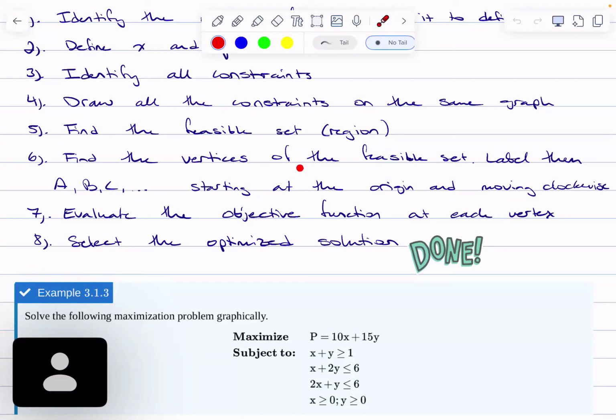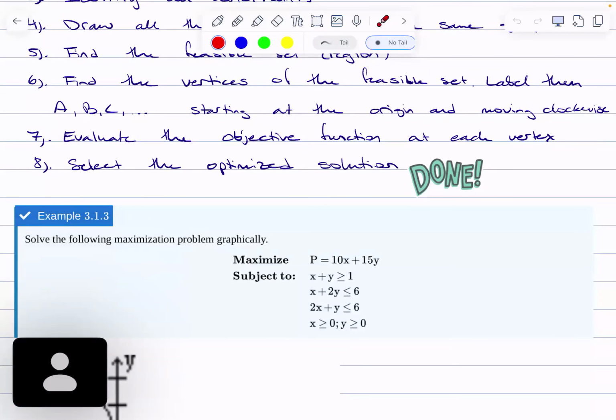And mostly for ease of marking later, I want you to label the vertices A, B, C, starting at the origin and then moving clockwise, or do them in some sort of order, ideally, but clearly label them.